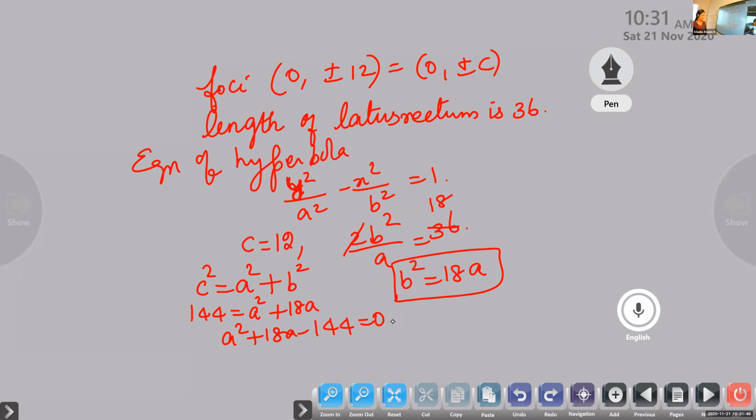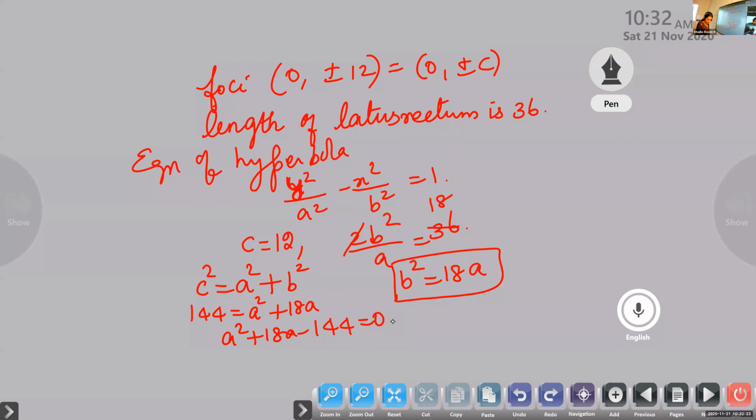Now solve this one. Product is minus 144, and sum is positive 18.